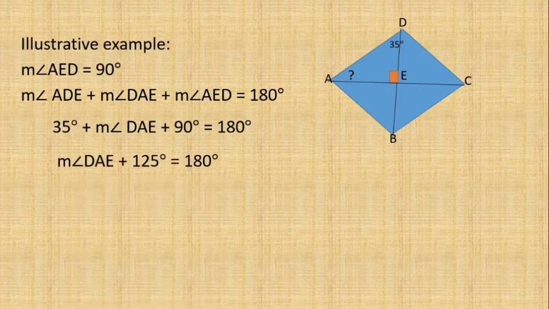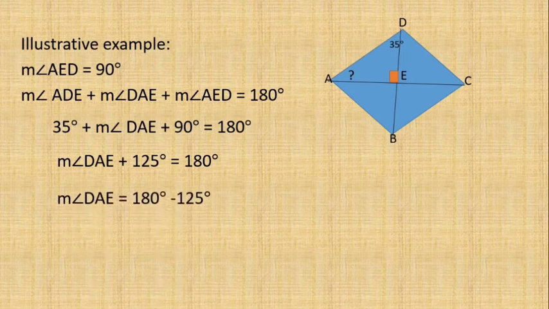We will have the measure of angle DAE plus 125 degrees is equal to 180 degrees. Combine like terms, we will get the measure of angle DAE is equal to 180 degrees minus 125 degrees. Therefore, the measure of angle DAE is equal to 55 degrees.